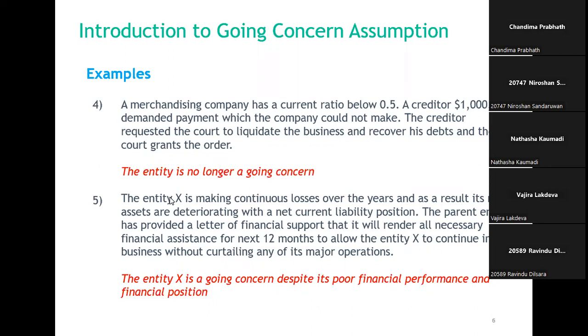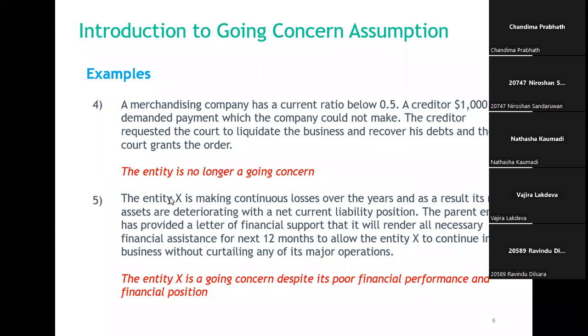Sometimes certain companies have negative net worth, which means the accumulated losses have wiped out the share capital and reserves. And then generally when you have persistent losses, you have a net current liability position. So you have many events or conditions that may cause significant doubt on the entity's ability to continue as a going concern.